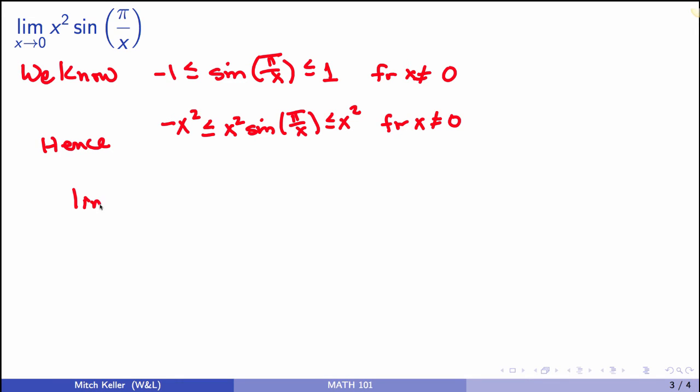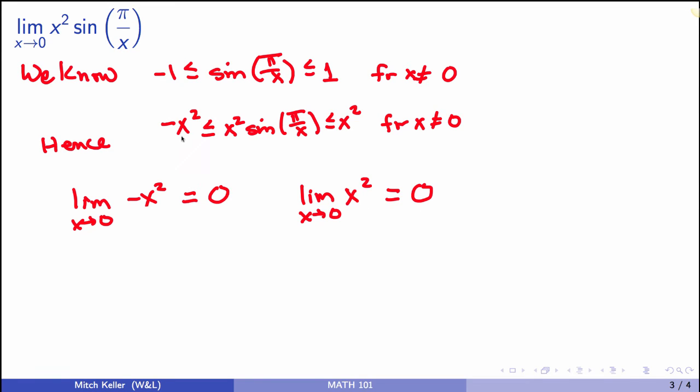But now let's think about this. The limit as x approaches 0 of minus x squared, this is a polynomial. This is a continuous function. So therefore the limit must be equal to the value of the function. Well, the value of minus x squared when x equals 0 is just 0. Also, the limit as x approaches 0 of plus x squared, just another polynomial, that's 0.